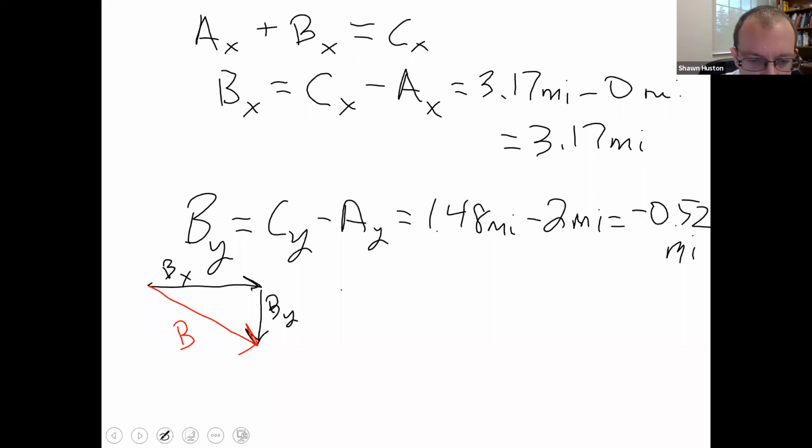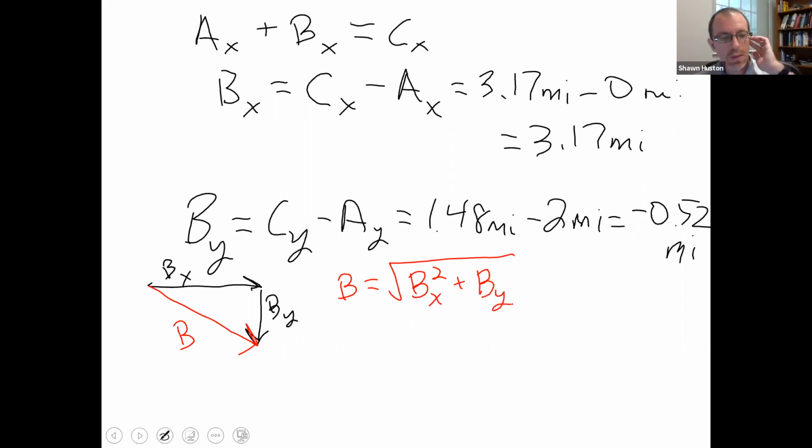All right, well, we can see that we've got a right triangle there. If we've got a right triangle, we can use the Pythagorean theorem. The square of the two shorter sides summed together is equal to the square of the hypotenuse. That's another way to give the Pythagorean theorem.